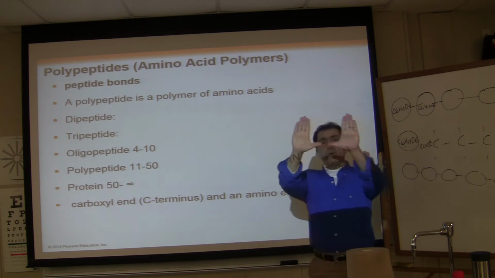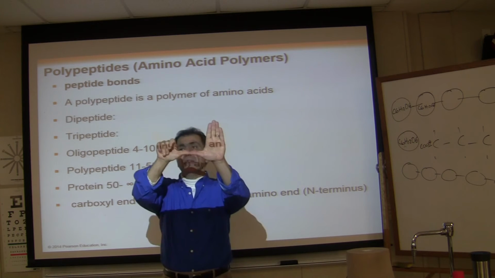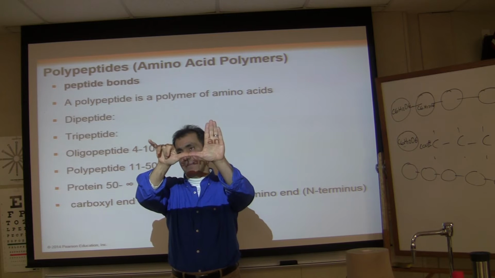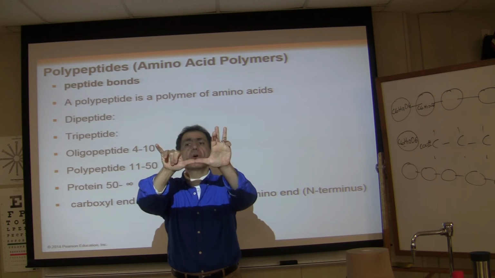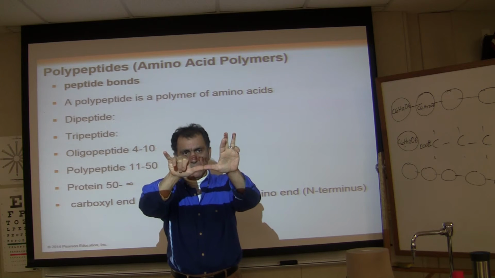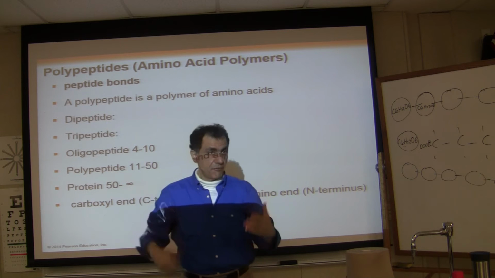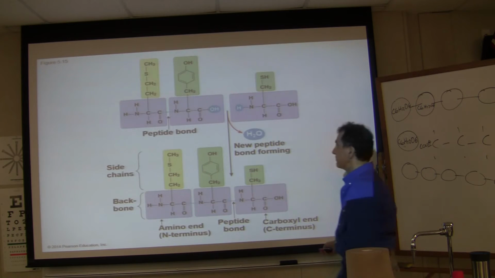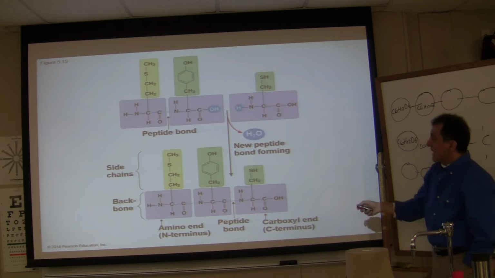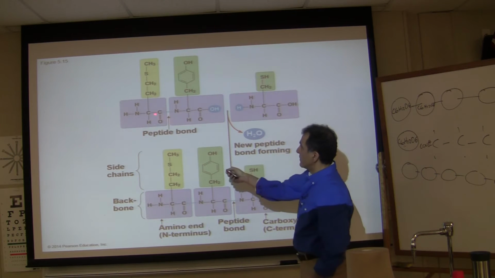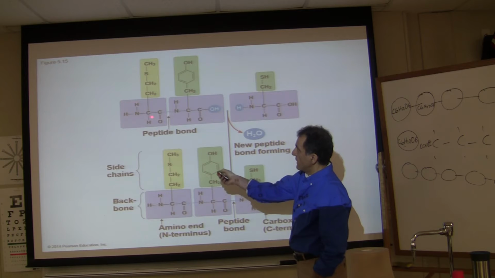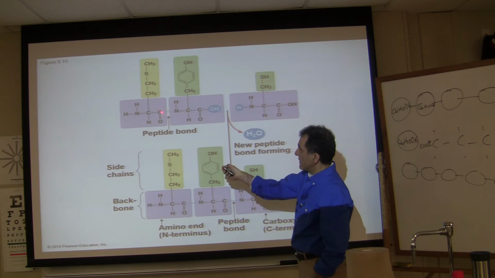So when you attach 2 amino acids together, one end of the amino acids right here, my pinky finger, is an amino end, and the other end right here is a carboxyl end, acid end. That's true for all protein molecules. If you don't believe me, let's look at them right here. You have 1 amino acid, the R group, central carbon, amino group, and an acid end, which attaches to another amino acid.